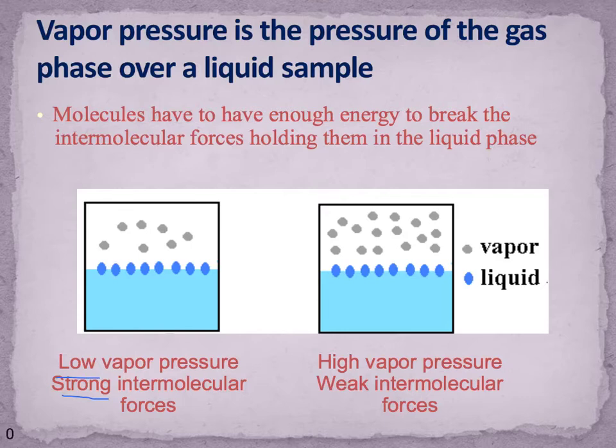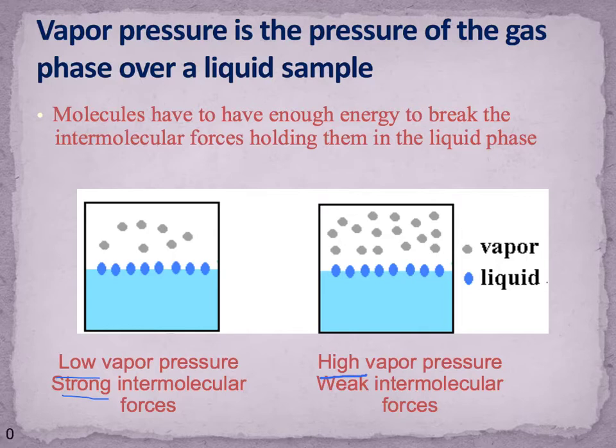Now, if I look at a substance with a high vapor pressure, say gasoline is a perfect example of this, we have very weak intermolecular forces. It doesn't take a lot of energy to get those molecules from the liquid phase to the gas phase. So going back to my example of a puddle of gasoline, it's not going to take too much energy to get those molecules to escape into the gas phase, and as a result, I'm going to get a lot of them to escape.